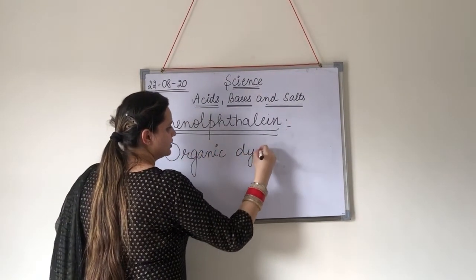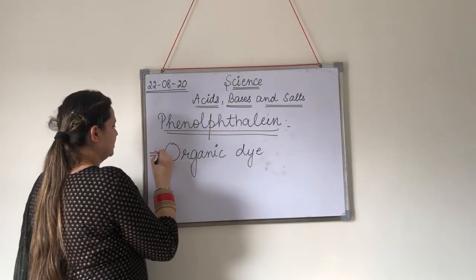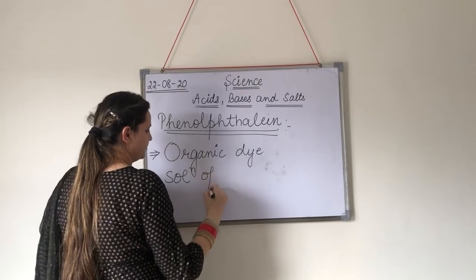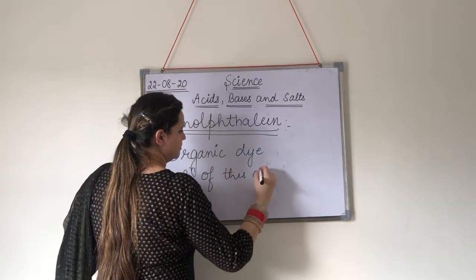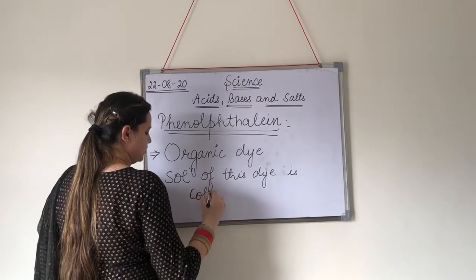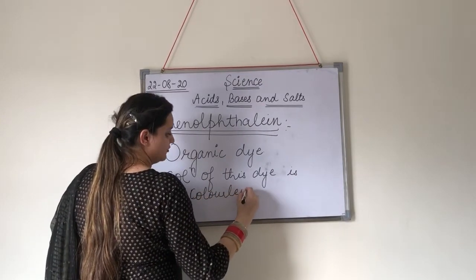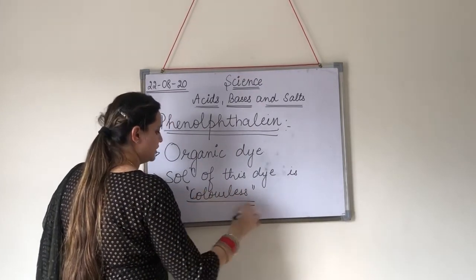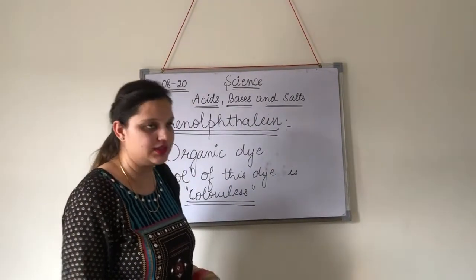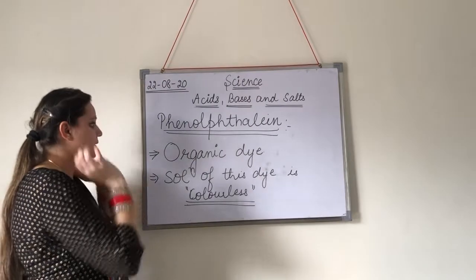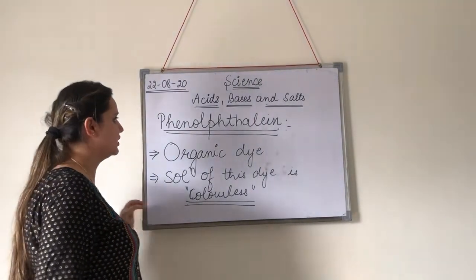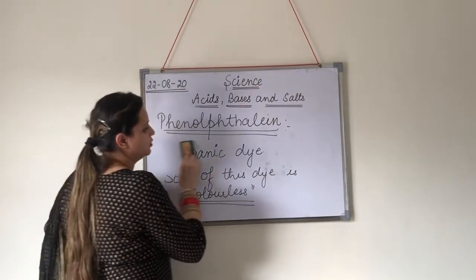It is an organic dye, and the solution of this dye is colorless. That means phenolphthalein does not have any color. So let's proceed to how the phenolphthalein indicator works.